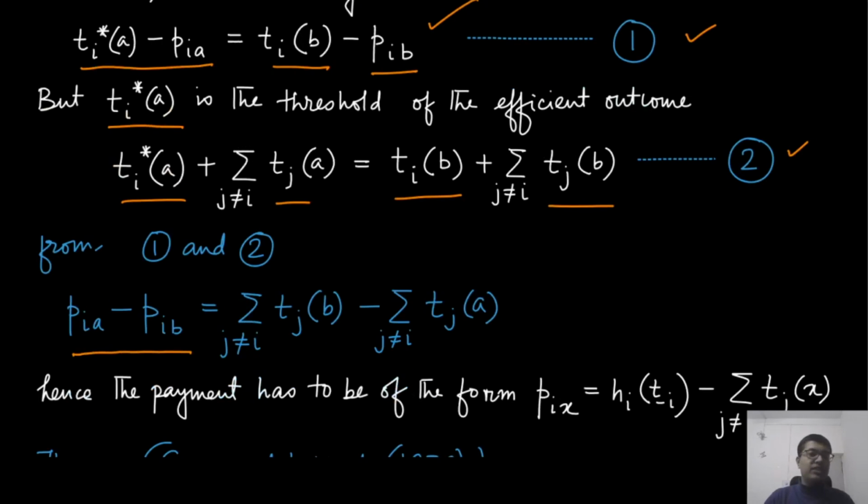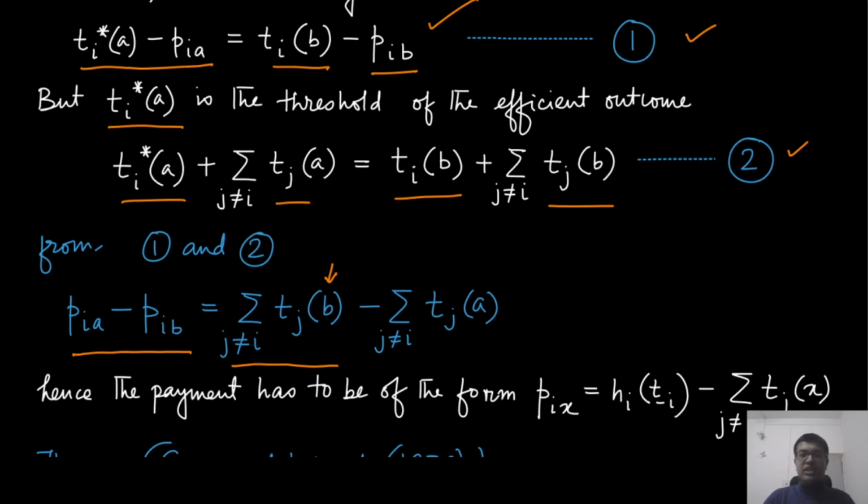Now we have collected on the left hand side the difference of the payments at allocation A and allocation B. And on the right hand side, we see the sum of the valuations of all the players except agent I at the corresponding efficient outcomes. So when the efficient outcome is B, you can see that you have a very close similarity with the Groves class.